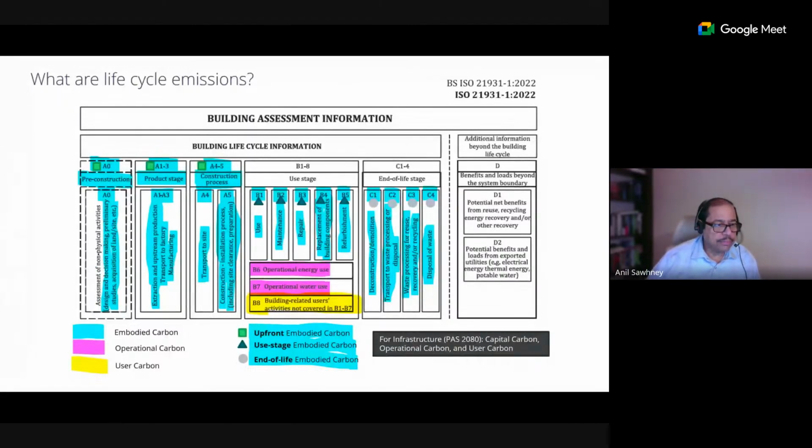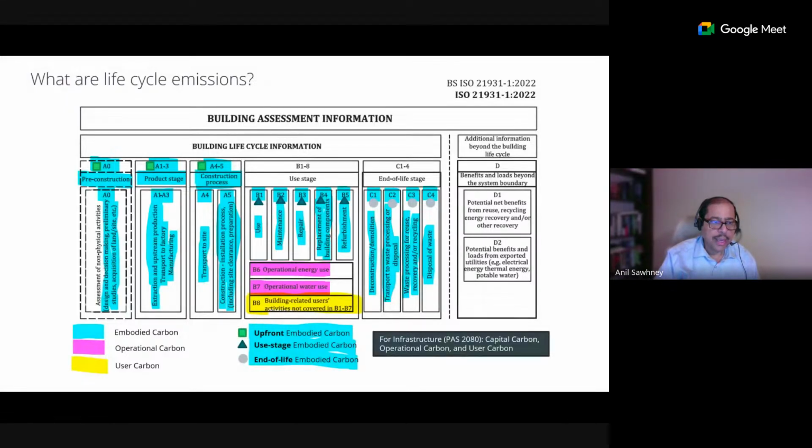Module A has A0, A1, A2, A3, A4, A5 submodules. You will notice all of them are related to either product manufacture, cement, steel, paint, tiles, or to the transportation of those materials, or are directly associated with the construction itself.